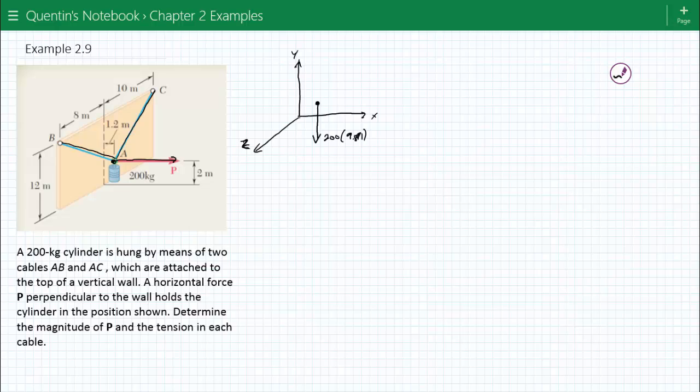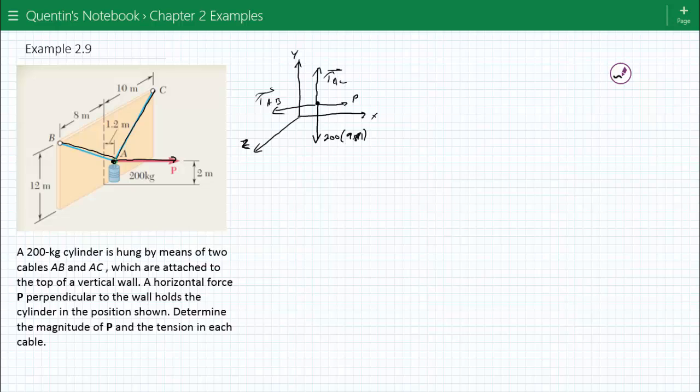Remember, pounds is a unit of force. 200 kilograms is only a unit of mass, so you need to multiply by gravity. And at this point, you have a force P going off that direction. You have a force, I can call this TAC, coming off in that direction, and you have TAB going off in this direction.